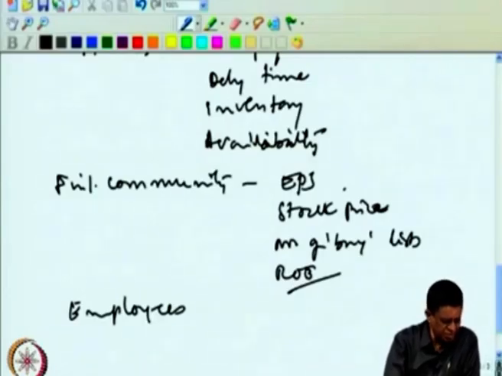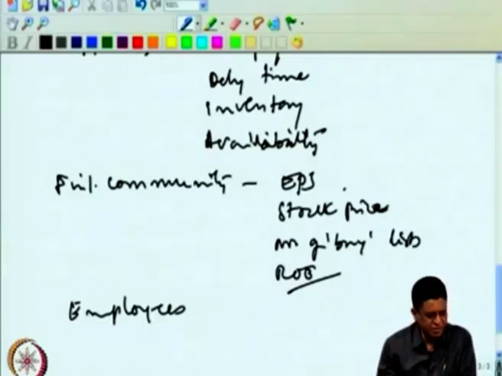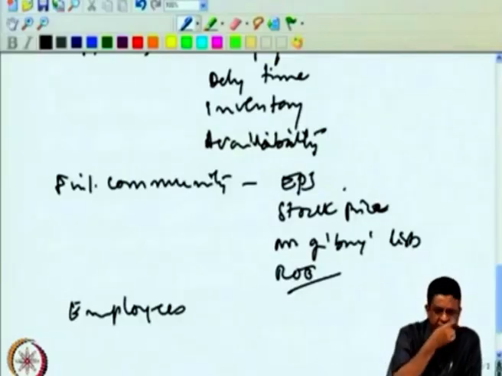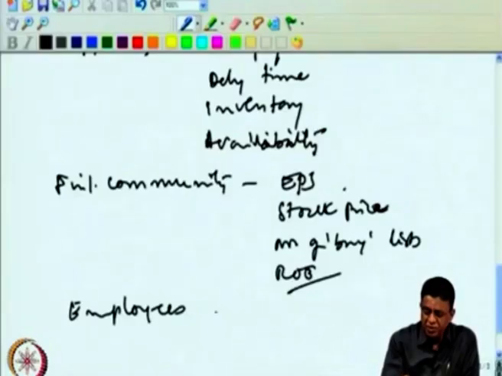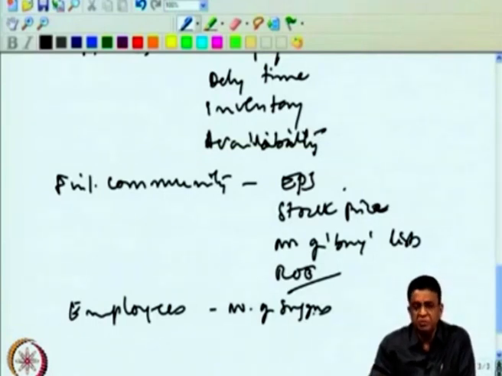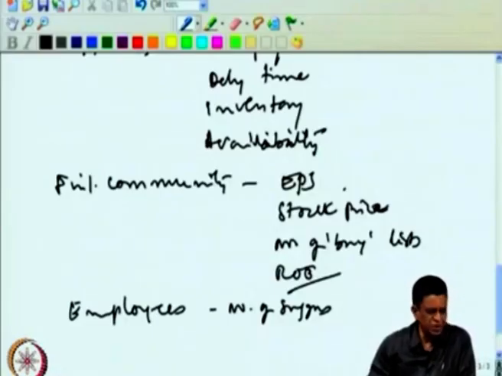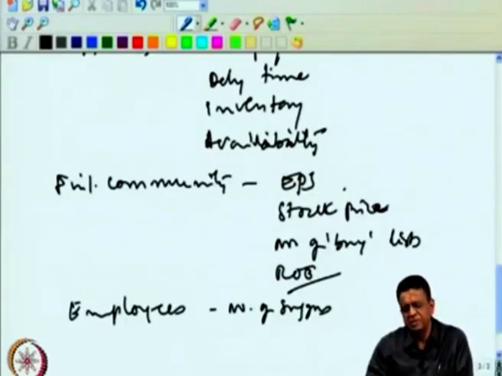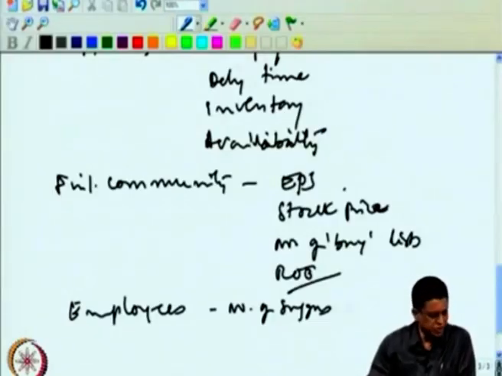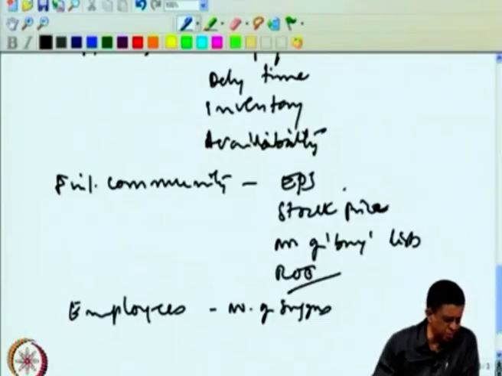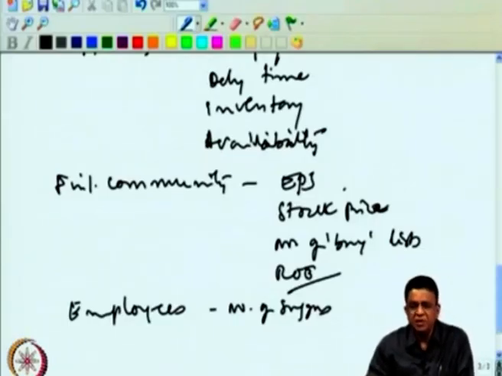What is the type of near term measures he is concerned with? What is the type of suggestions that you give for improvement of the performance? He may be giving a number of suggestions for improving the performance, that is the productivity suggestions. So, how many of them is the company taking into account?